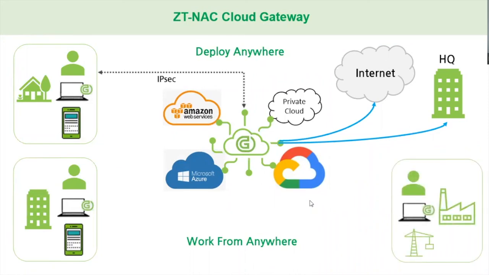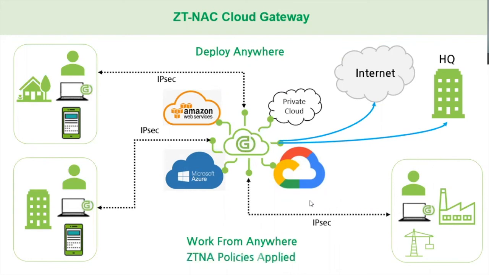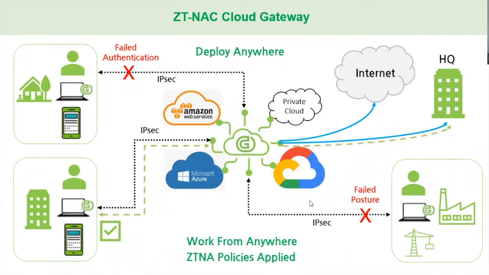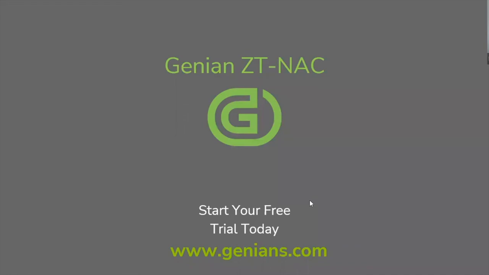As these devices connect, they use a Genian ZT-NAC client that is installed as part of the NAC agent, and it establishes connections to the cloud gateway. The cloud gateway can then restrict, quarantine or fail access depending on failed authentication, failed posture, or any other scenario where you've configured a security policy that's been violated.